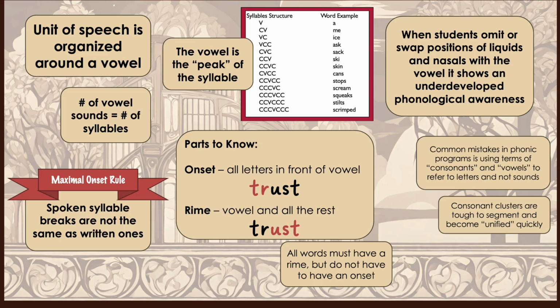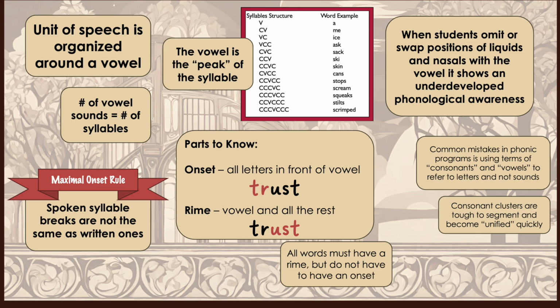So always remember to come through the sound, and then you're going to be using the letters as a spelling of that sound. Also, sometimes consonant clusters, when you get multiple consonants in a row, can be difficult to segment, and it's going to take a lot of extra practice.